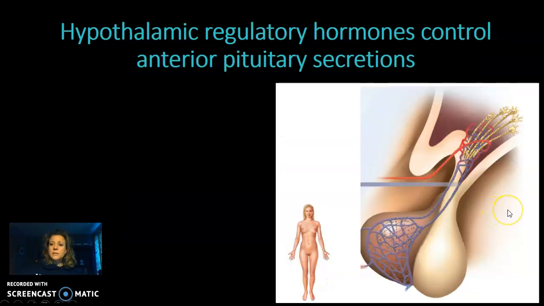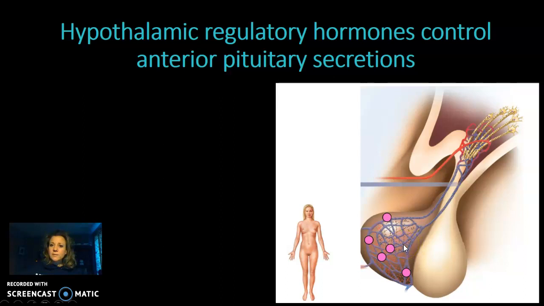So here's what happens. Our hypothalamic neurons up here are going to synthesize their little pink hormones. Those hormones are going to travel down the axon and into the primary capillaries. They are going to travel through the infundibulum, through the portal veins, and then into the secondary capillaries found in the anterior pituitary. There they diffuse out of the secondary capillaries and bind to their target cells.